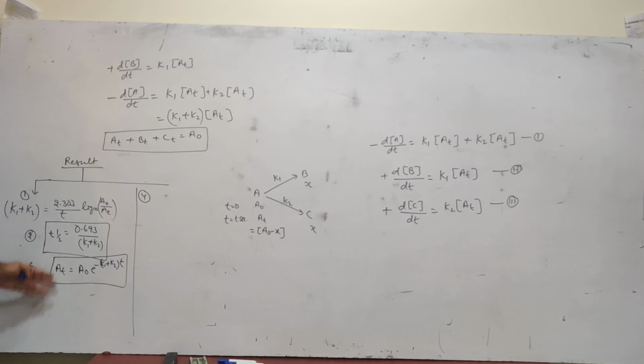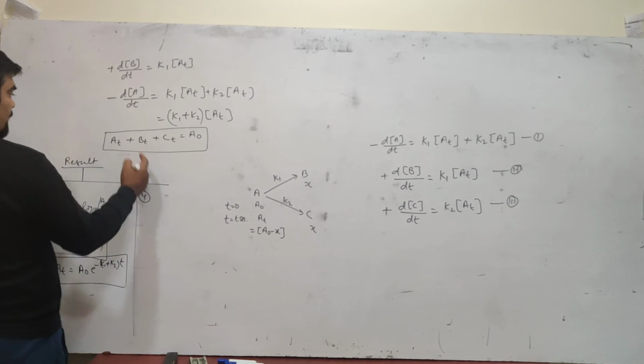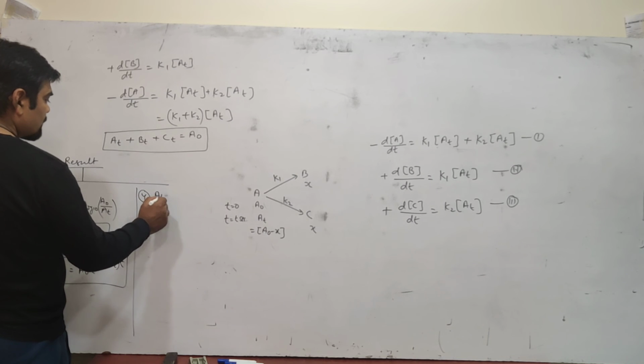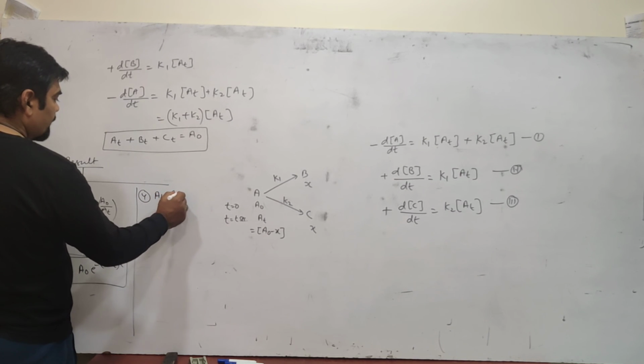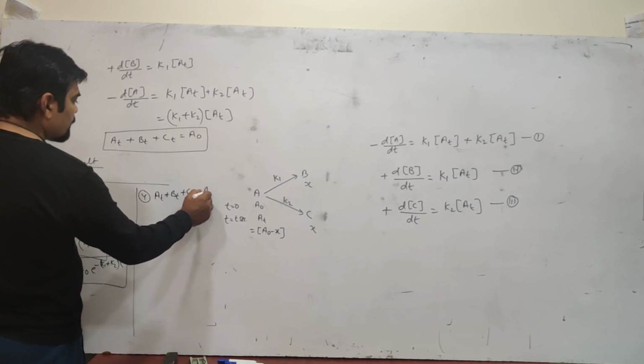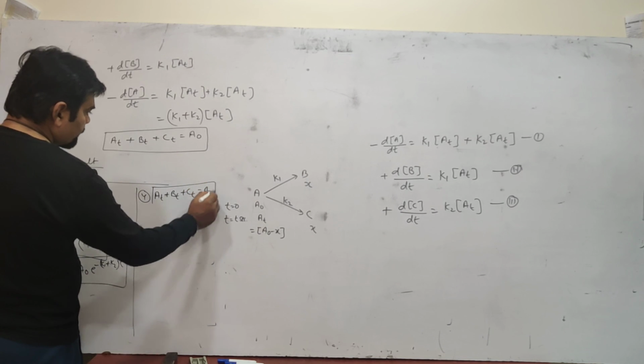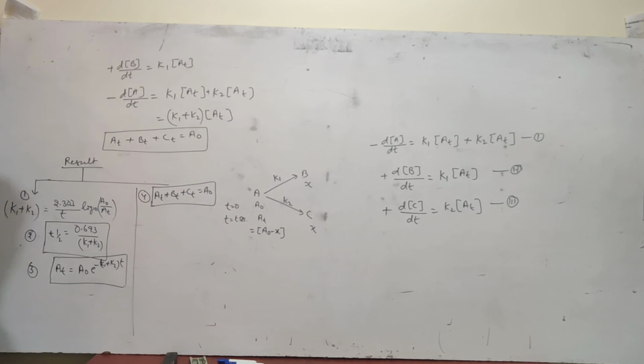All the results we are getting from the first equation itself. The fourth result is that the concentration of At plus Bt plus Ct must be equal to A naught.